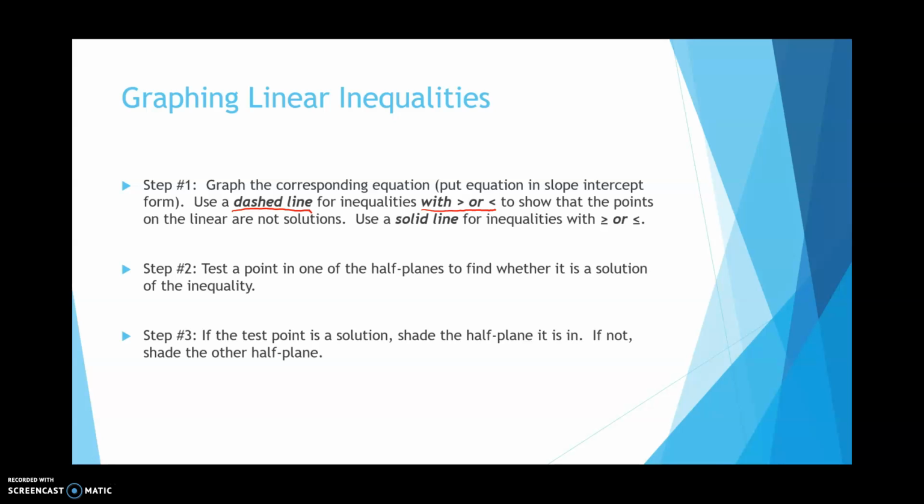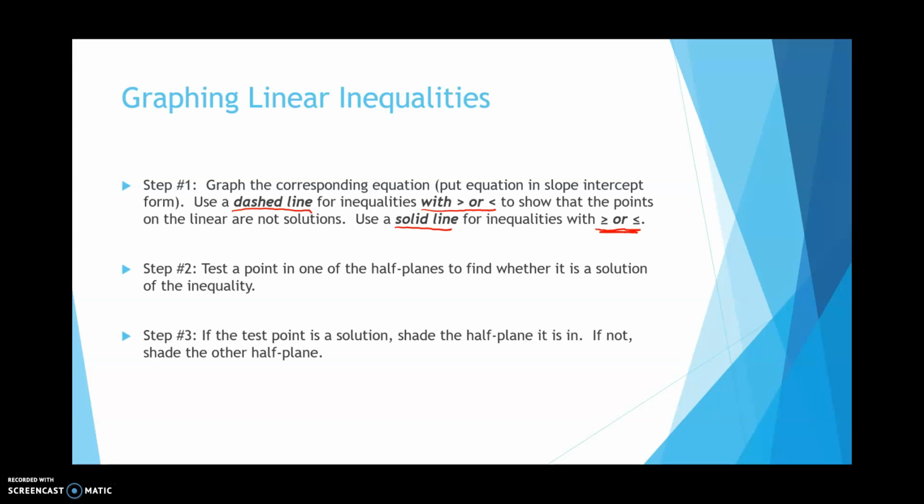And you are going to be using a solid line for the inequalities with the greater than or equal to or less than or equal to symbol. Once you're done graphing, you are going to test a point in one of the planes to find whether it is a solution of the inequality. And then step 3, if the test point is a solution, you are going to shade in that plane, that area of the graph.